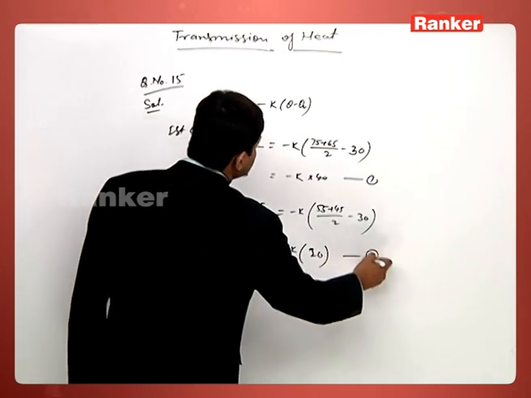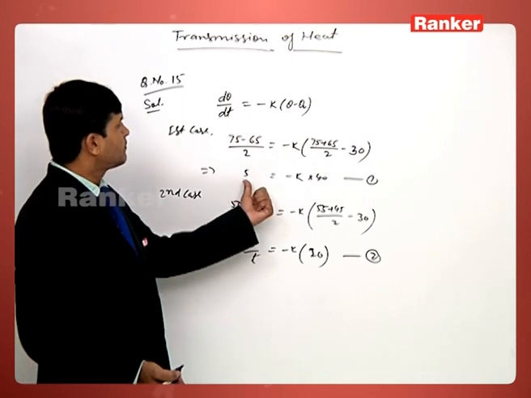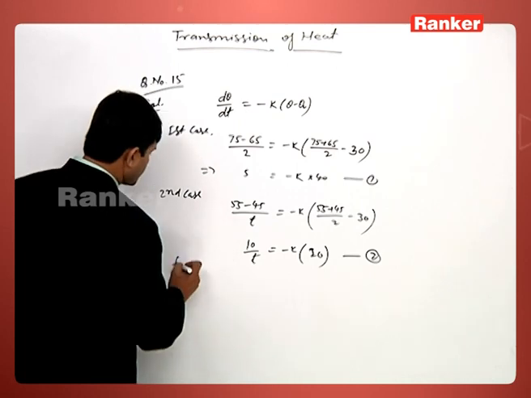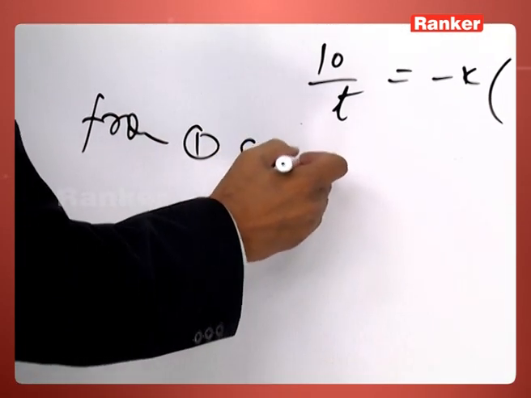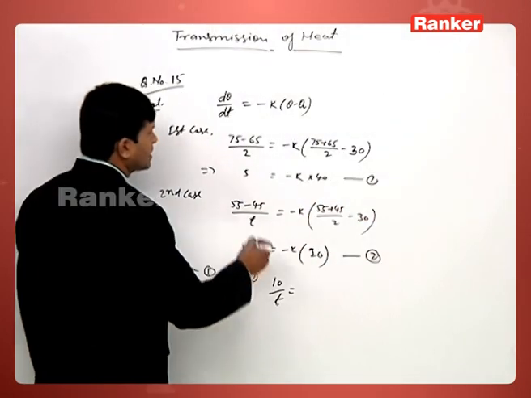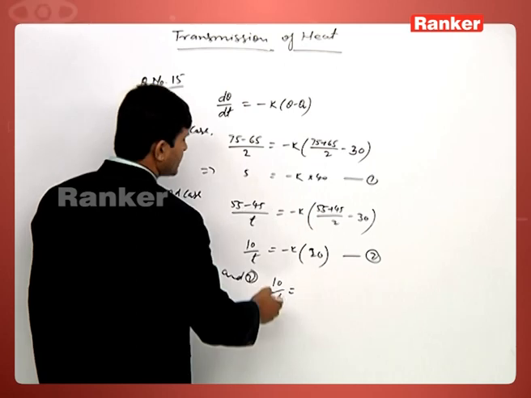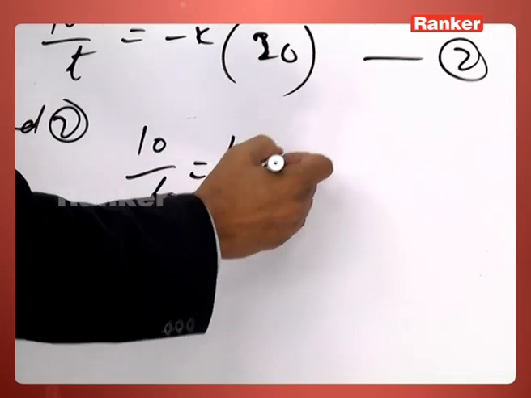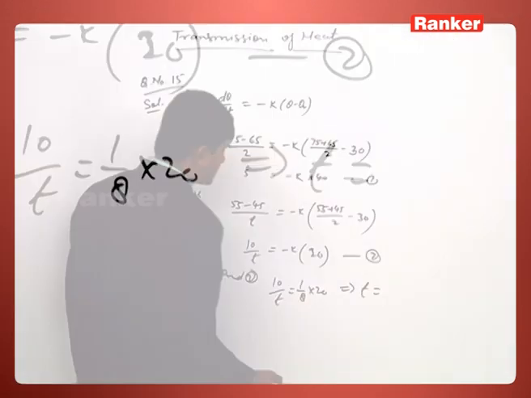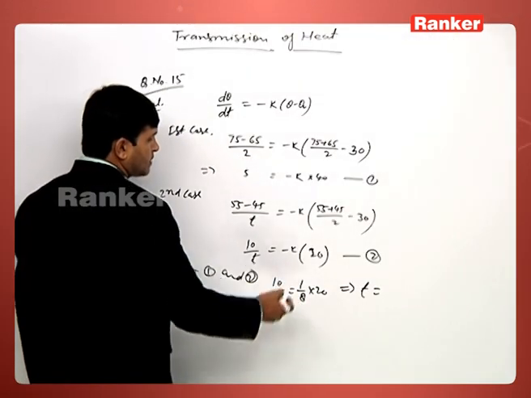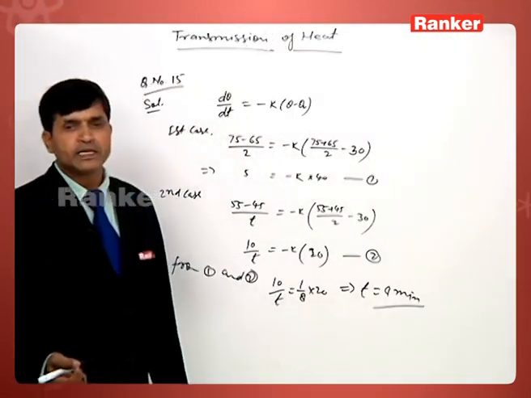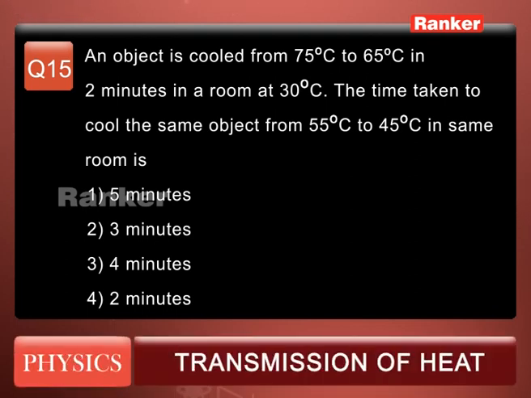From the first, minus k is 1 by 8. From first and second, 10 by t is equal to 1 by 8 into 20. So that gives us t is equal to 4 minutes. So the correct option is option number 3.